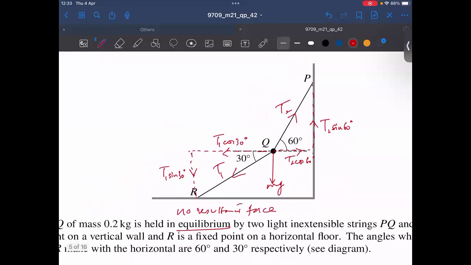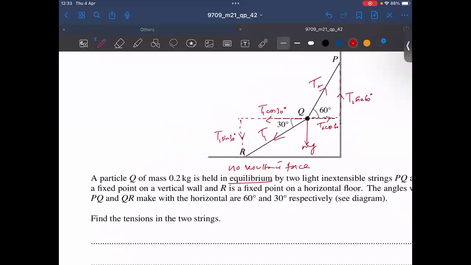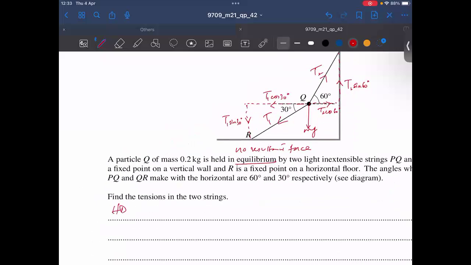Now I'm going to apply Newton's second law in the vertical and the horizontal direction. In the horizontal direction, I'll set the convention right positive, left negative. For the vertical direction, set the convention up positive, downward negative. You may choose the other way, it's your choice. Now, in the horizontal direction, towards the right I have T2 cos 60 minus T1 cos 30. Is there any other force? No. Equal to 0.